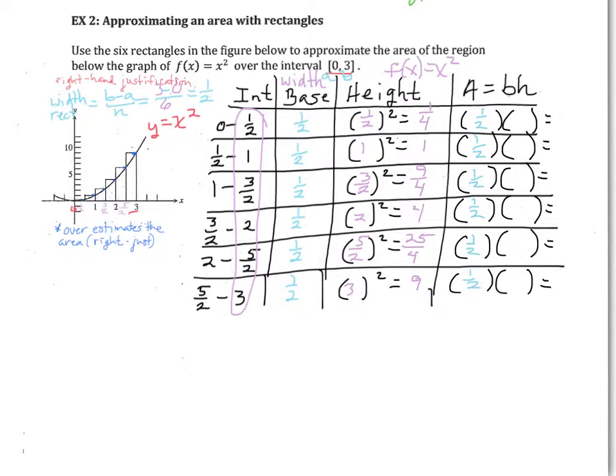And then I'm going to put in what I got from my height column. And then do your math. So then that's actually 9.